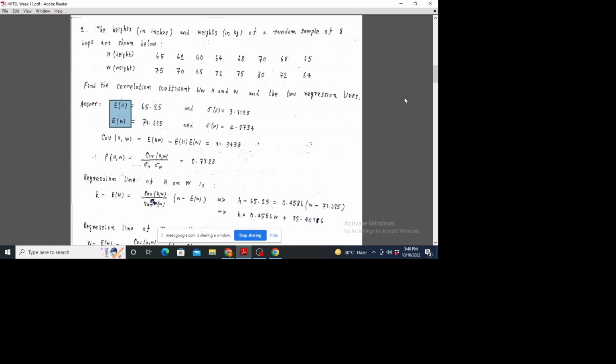That is one thing. So only the expectation values lie on the regression line. So sir, is the regression line like an expected line? So you see, regression line means, okay, you have 8 data points, right?